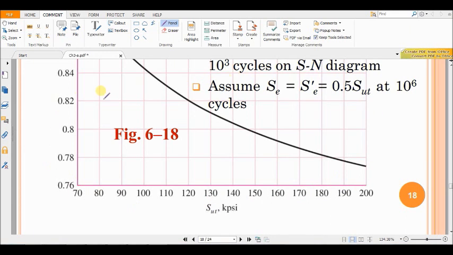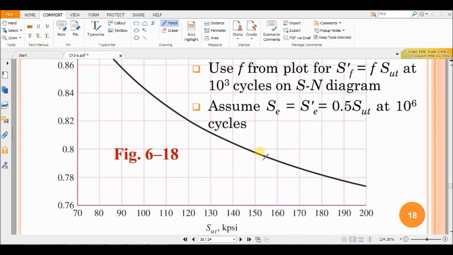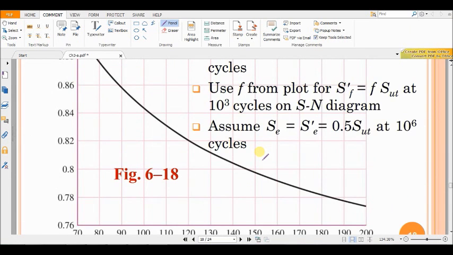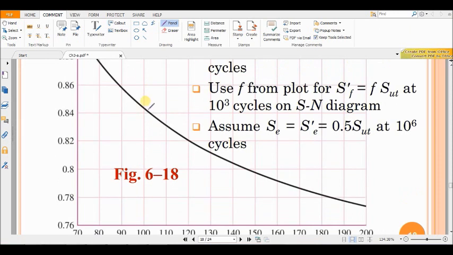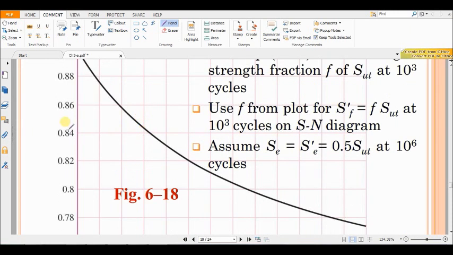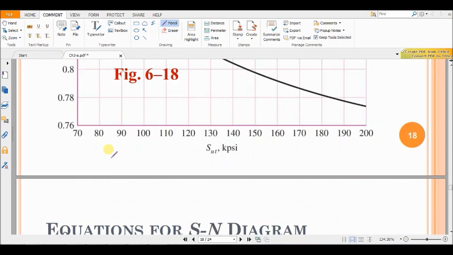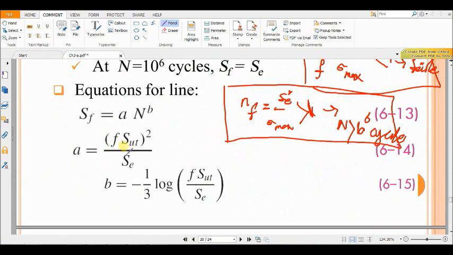The metric version of this graph is provided in your lecture note, and it will be provided in the appendix of the exam. For example, if you have a material with ultimate strength of 100 kpsi, then f, the fraction, is about 0.84, and then you need to substitute into this equation to find parameter A. To find parameter B, again you have to substitute f, ultimate strength, and endurance strength.